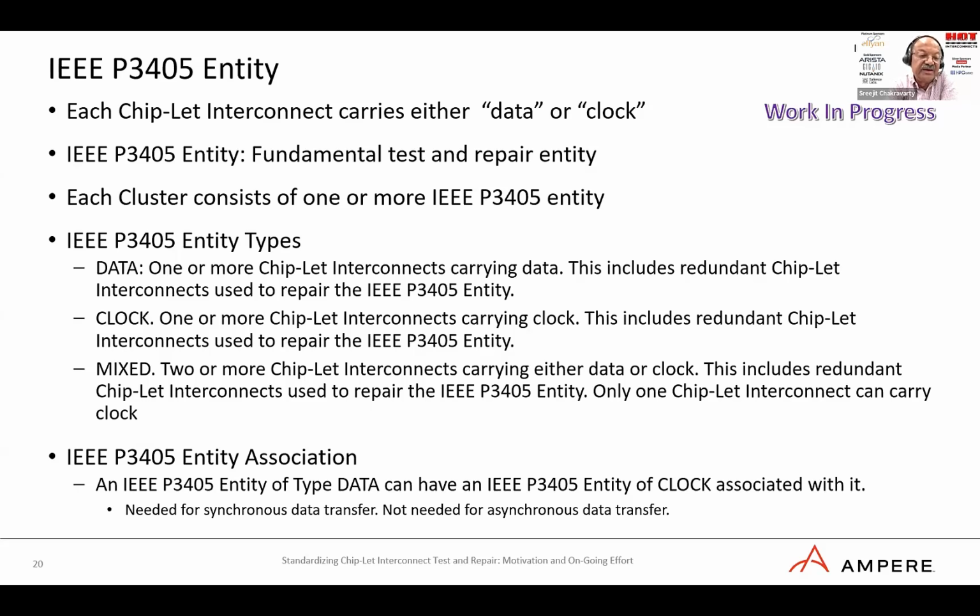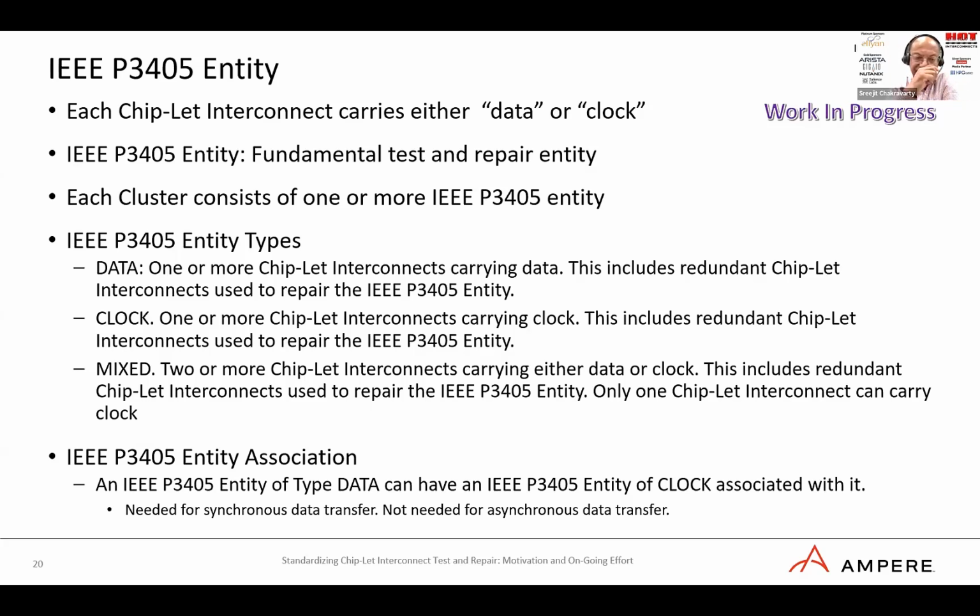Mixed means the interconnects in this entity can carry either a clock or data. Okay. And then if it is only a data type entity, then it has to be associated, if it is a synchronous interconnect, with a clock entity. Okay, but if it is carrying data asynchronously, then there is no need for that association.